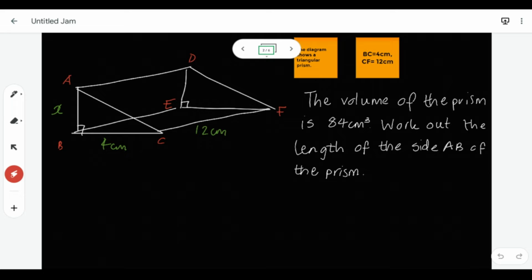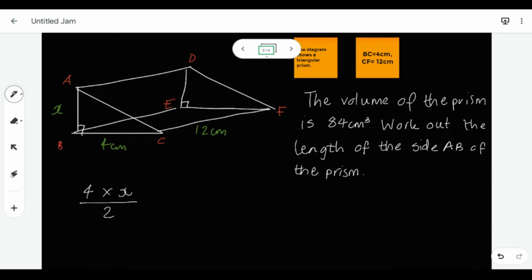So we work our way backwards with this one. They've given us the volume. They want us to work out the length of that side. Now to do this, we need to be able to put the numbers back into the formula. So ideally it would have been working out the face area, which would be 4 times X divided by 2.